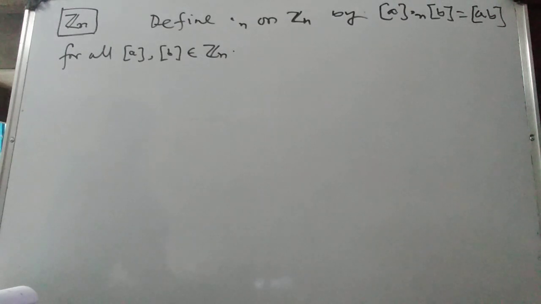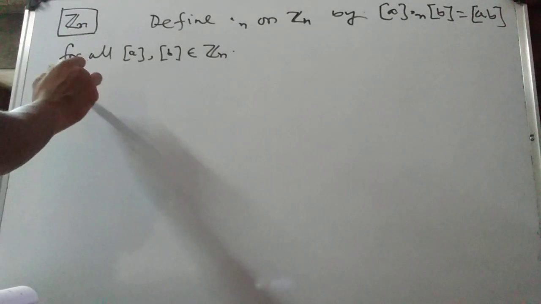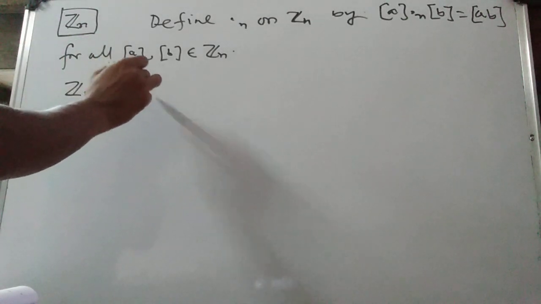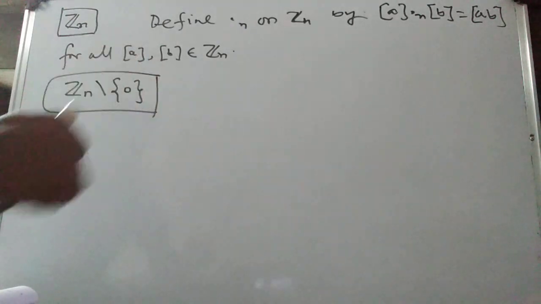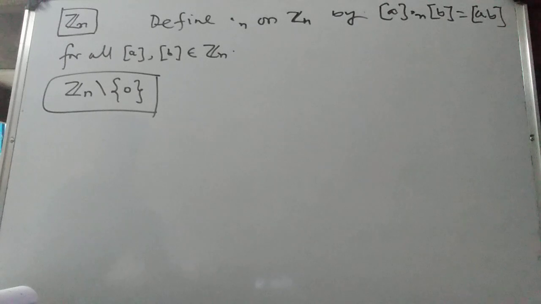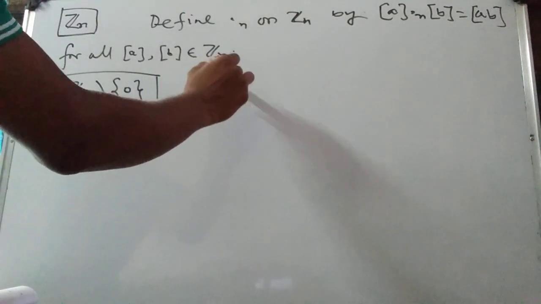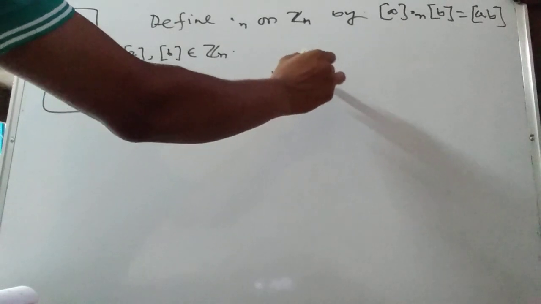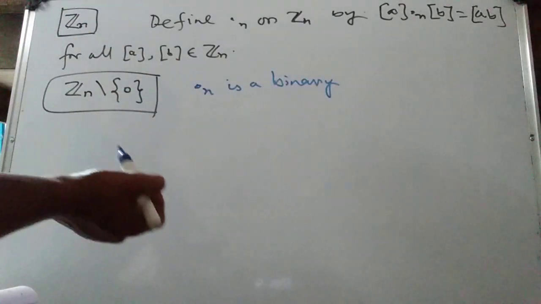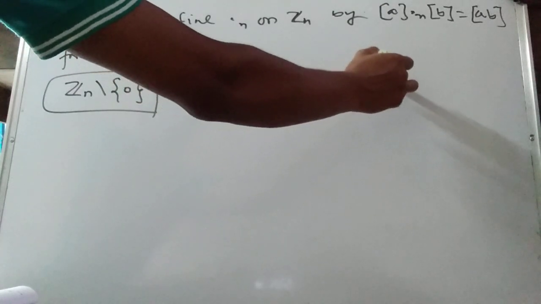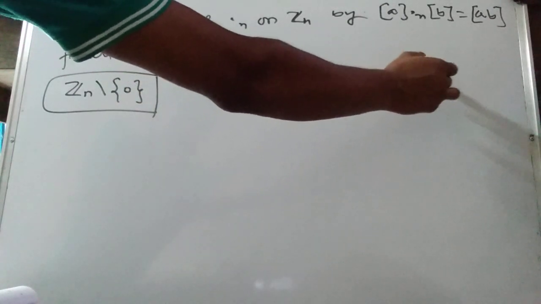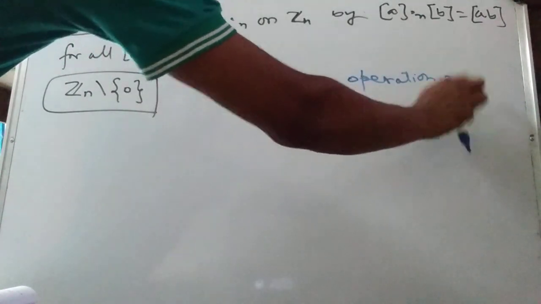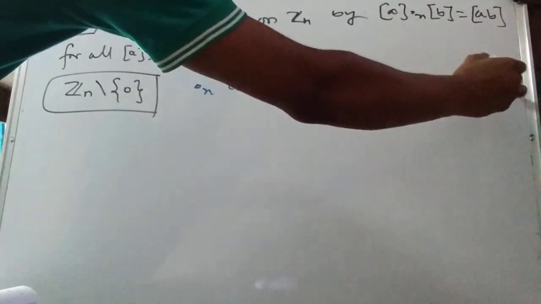So what we do now, we consider Zn minus the 0 class. Then we ask whether this dot n is a binary operation on Zn minus 0. Understood?